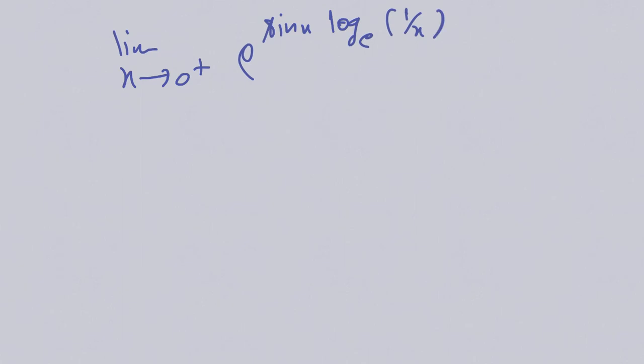So the limit as x approaches 0 plus of e to the power sin x log(1/x) is equal to the limit of e to the whole power minus log x upon cosec x.